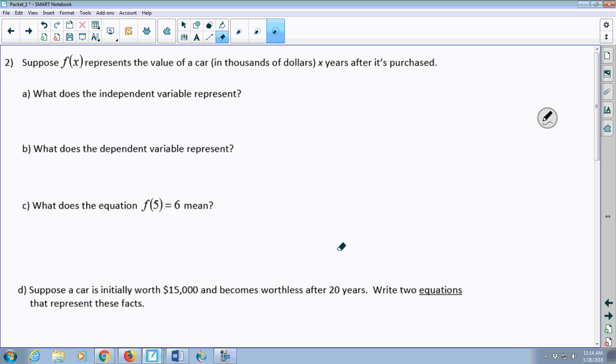So what does the independent variable represent here? Independent is found here, yeah? That's the independent one, x. And what's x, Rob?